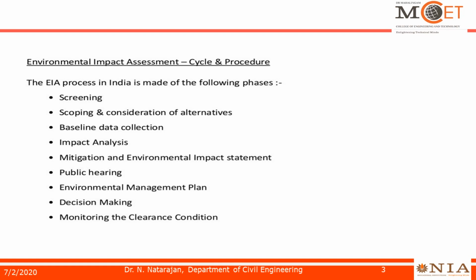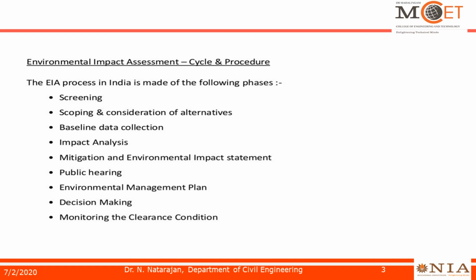Right. So each project will be having a specific impact, and it may be having a greater impact on a particular parameter. For example, a chemical industry will have more impact on water as well as the air.